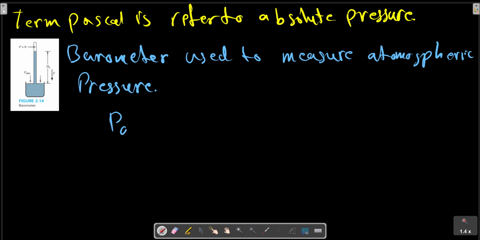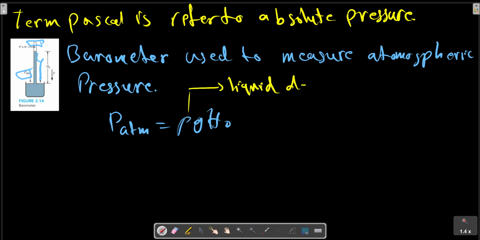Because we have the vacuum space here, the P atmosphere equals rho g H0, where rho is the liquid density.